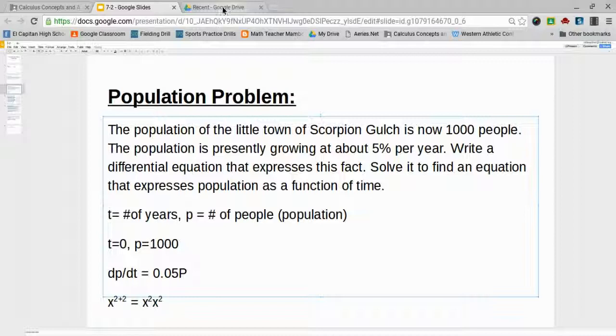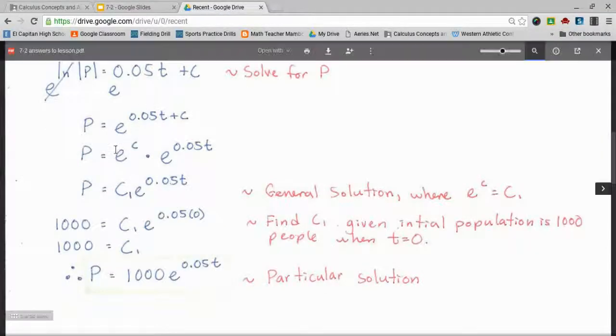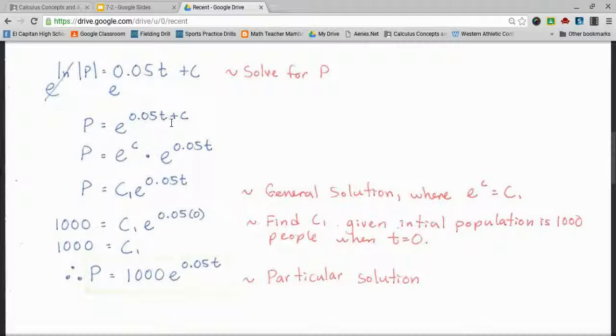Okay, and that is all that I did right here. e to the 0.05t plus C, I can rewrite that as e to the C times e to the 0.05t.